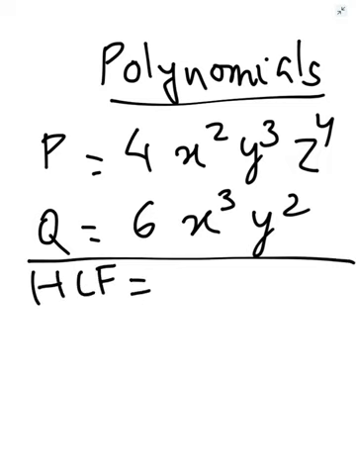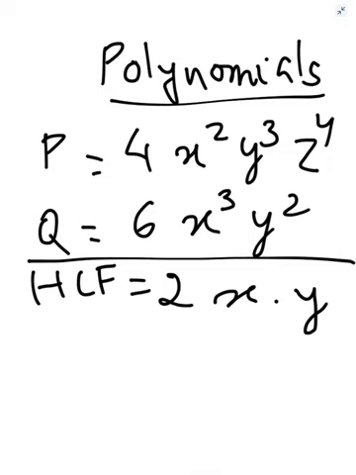To find the HCF of the polynomials, first see the constant numbers 4 and 6. So their HCF will be 2. Now for the variable part, see the common variables. Common variables are only x and y. So write the common variables x and y. Now see the power. In P there is x square and in Q there is x cube.